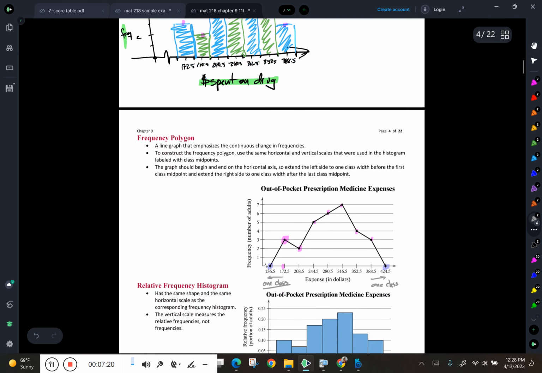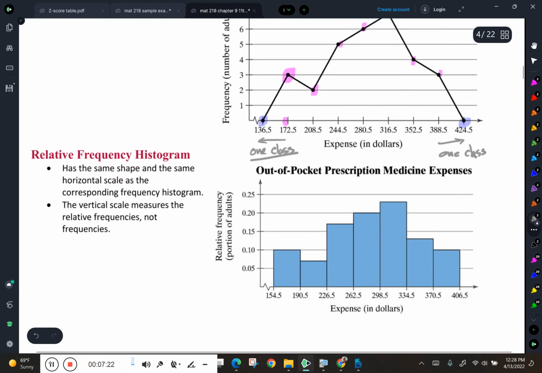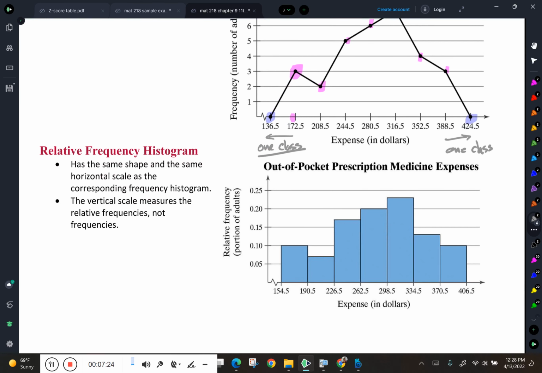Right? You could even go further and you could make a relative frequency histogram. Now a relative frequency histogram is just the same as a frequency histogram. We're just going to replace the vertical axis, and instead of having whole numbers over there for the count or the frequency, we're going to put those percents over there. And so now we could say that this first bar is 10%.